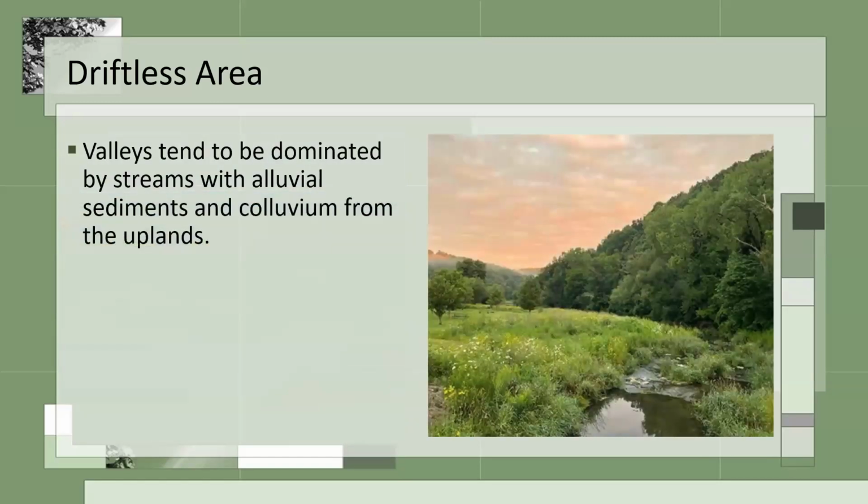So valleys tend to be dominated by streams with alluvial sediments. Here's a representative photo. You've got the steep hillside, and then you have the valley down on the bottom with alluvial sediments. Sometimes you'll get colluvium from the uplands because stuff is eroding off the hillsides and rolling down the hills.